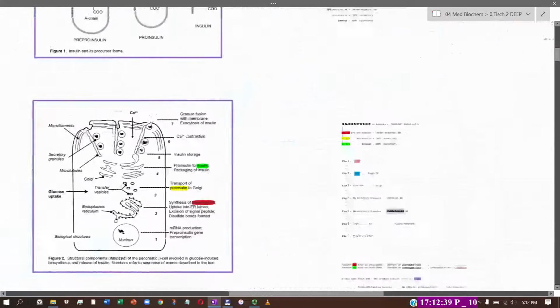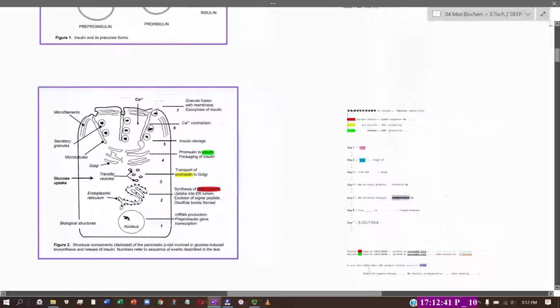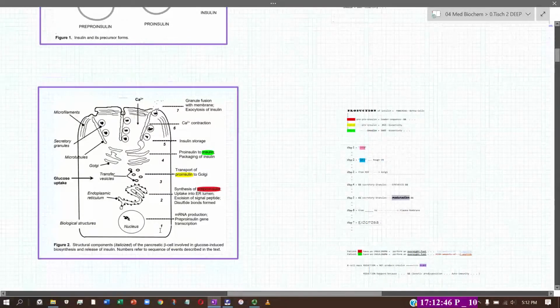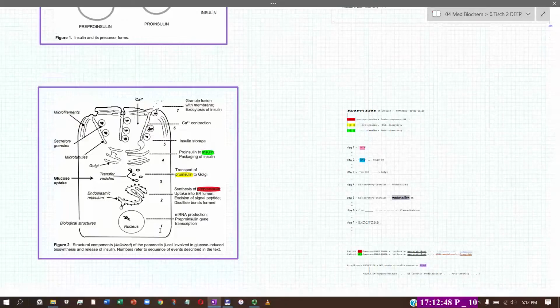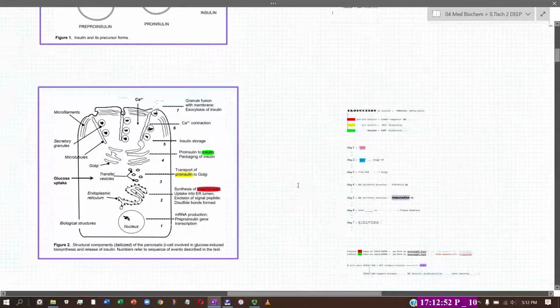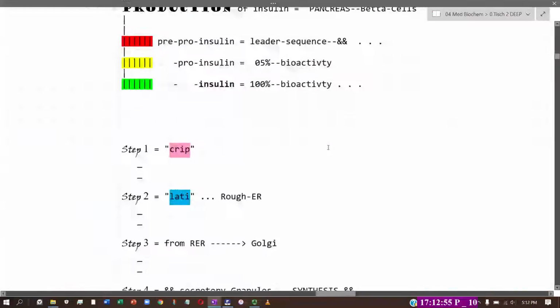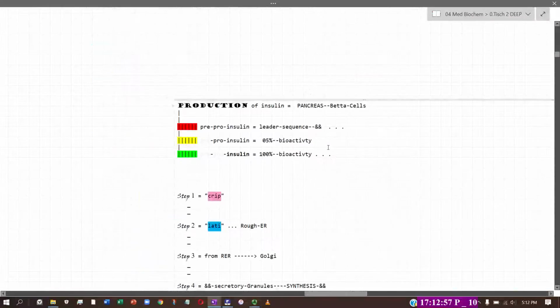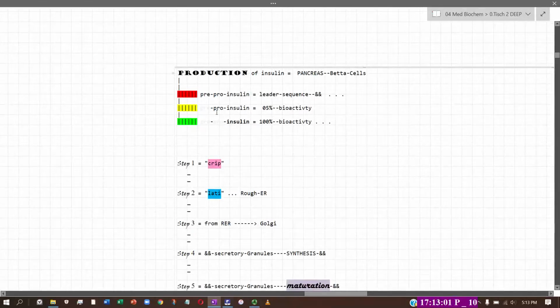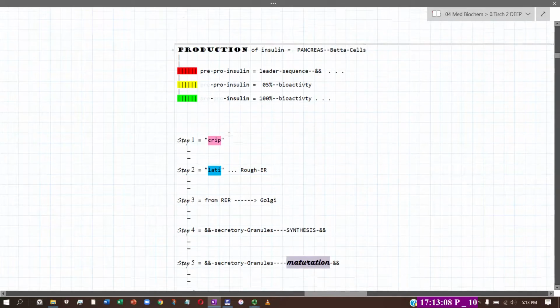So moving on to figure 2. Here we discuss the structural components. This is a single beta cell drawn out schematically. Remember, you have the production of insulin at the pancreas beta cells, and I have color coded the various stages with these colors: red, yellow, green.